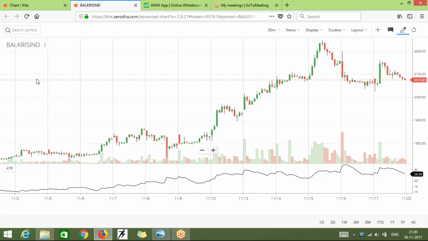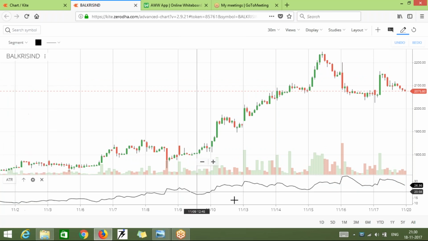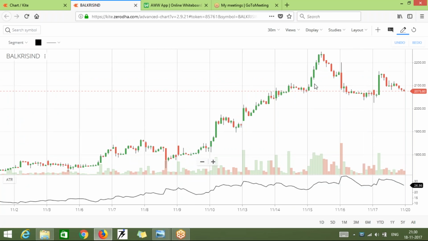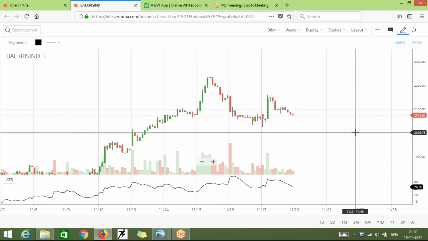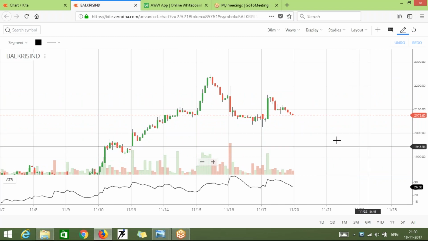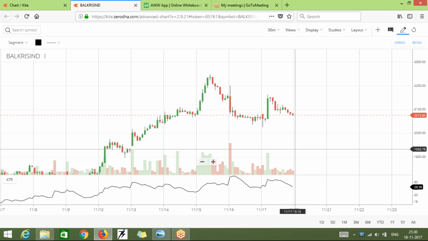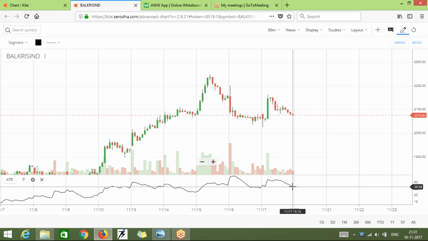Suppose you are looking to buy during this candle. You will be thinking what should be my SL while I am bullish from this range and I need to buy. It's a 30-minute chart of Balkrishna Industries, and exactly at this level ATR is 26.58.